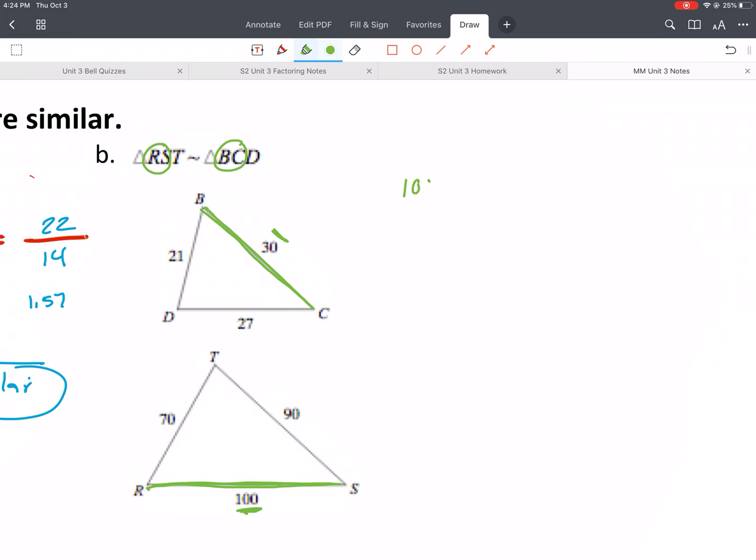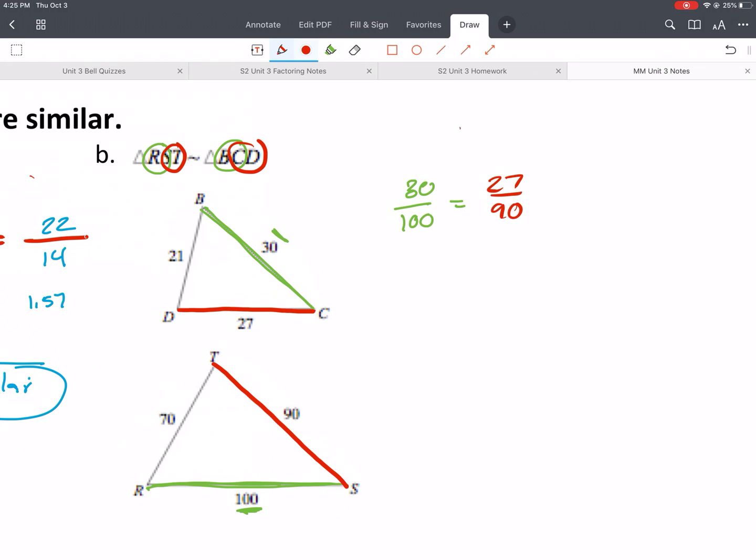So we could do 100. Actually, let's do it the other way this time. Let's do small on the top and big on the bottom. So we'll do 30 over 100. Then we can use ST and CD. ST turns out to be the next largest, and that would be CD. So we do 27 over 90.